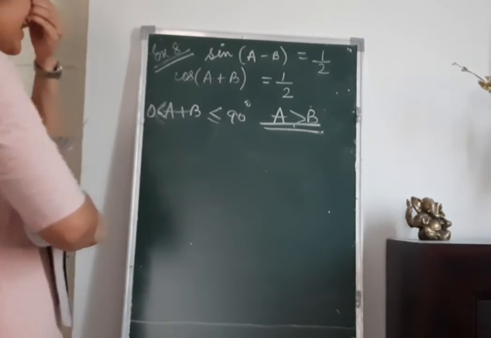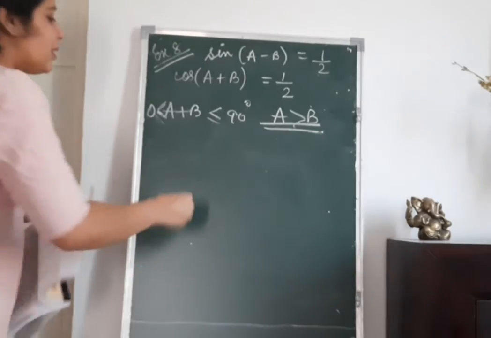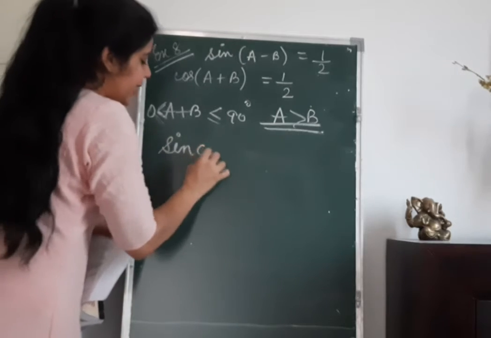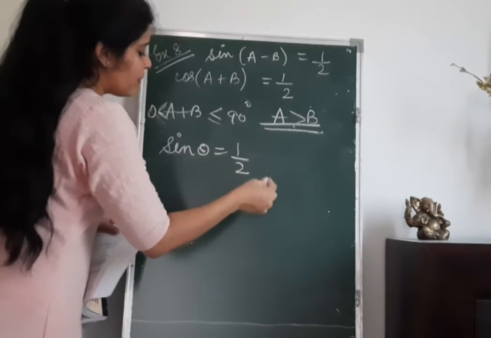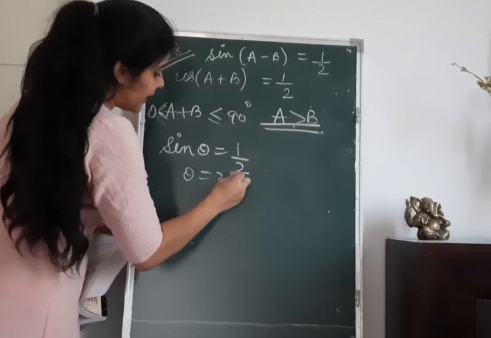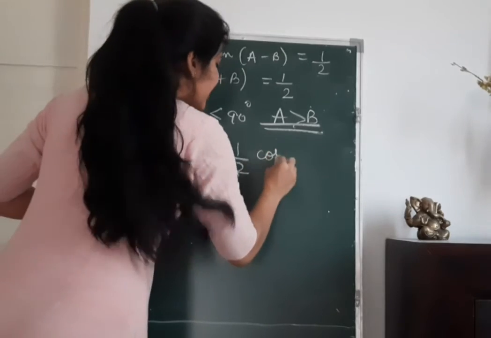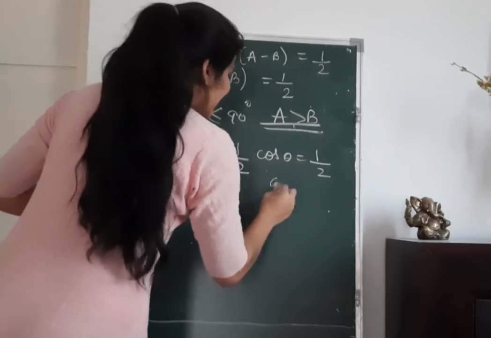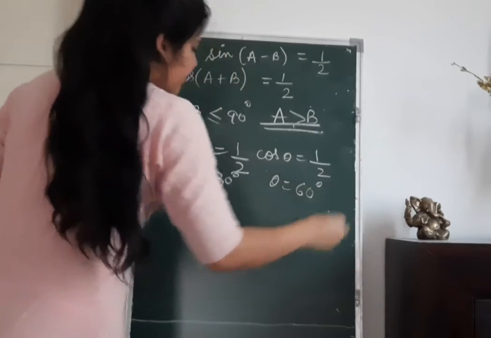Okay, when is sine theta equal to half? Sine theta is equal to half when theta is equal to 30 degree. Similarly, cos theta is equal to half when theta is equal to 60 degree.